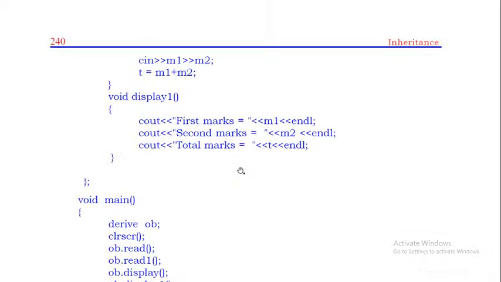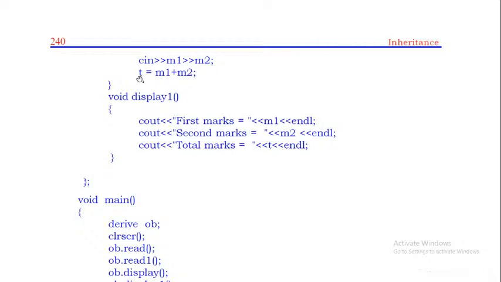In this memory, I am placing the m1 value and the m2 value. Placing a value into m1, placing a value into m2, with the help of cin. So cin allows us to input a value into m1 and m2. Once I get the values of m1 and m2, they will be substituted here, added, and moved into t.